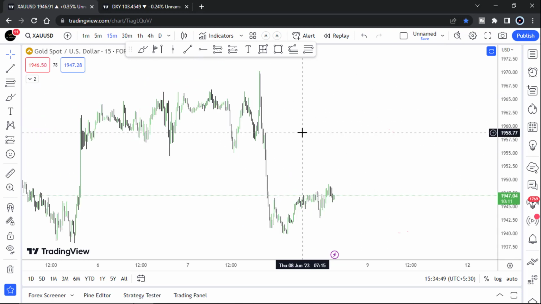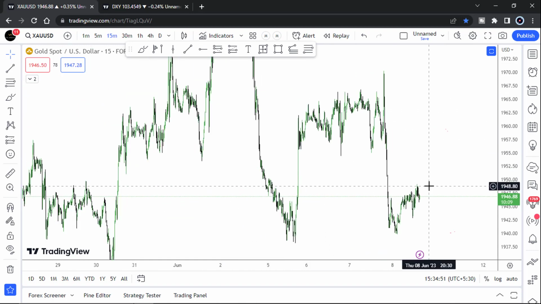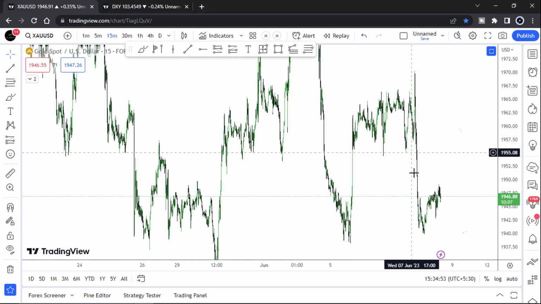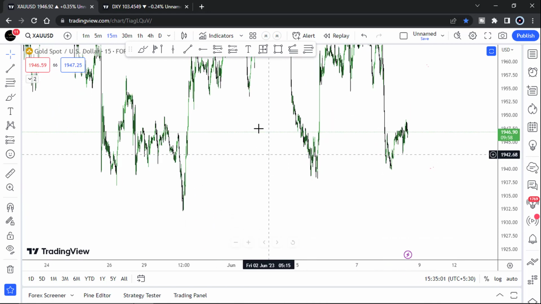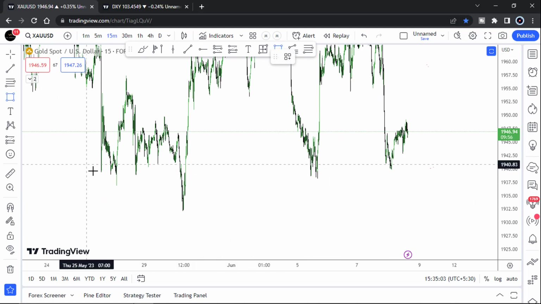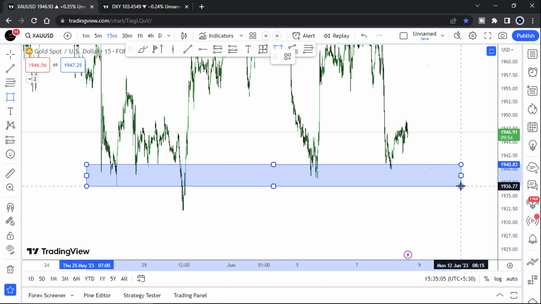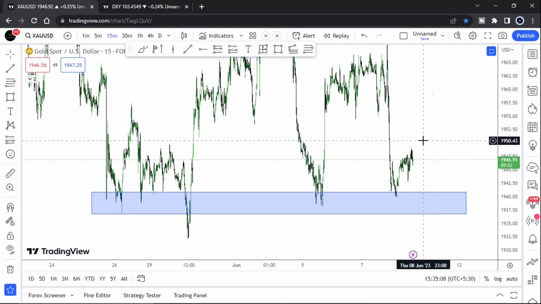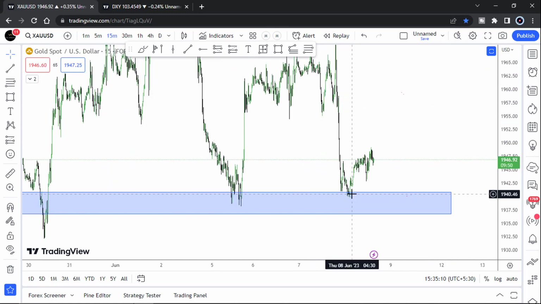Looking at the large scale, it looks like sellers are pressuring to the downside, but after the market crashed down, buyers are pressuring to the upside, because there is a high volume, high volatility area performing up over here. Very strongly, so let's go down to these areas.